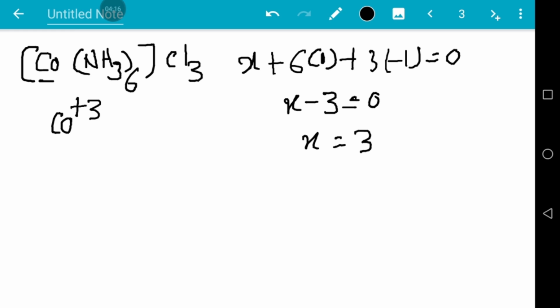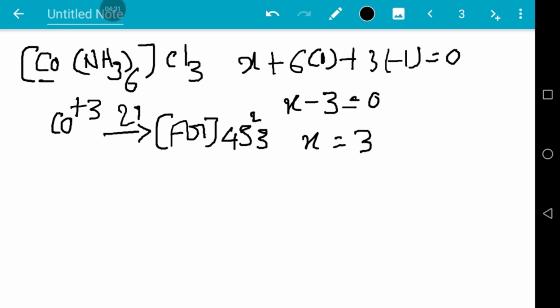Now write down the configuration of cobalt plus 3. Cobalt's atomic number is 27. The normal ground state configuration of cobalt is argon 4s2 3d7.